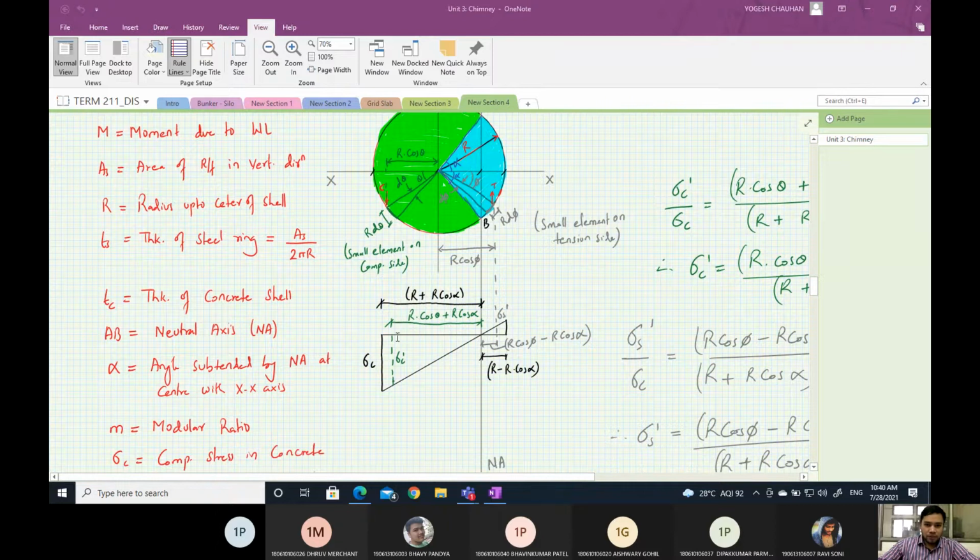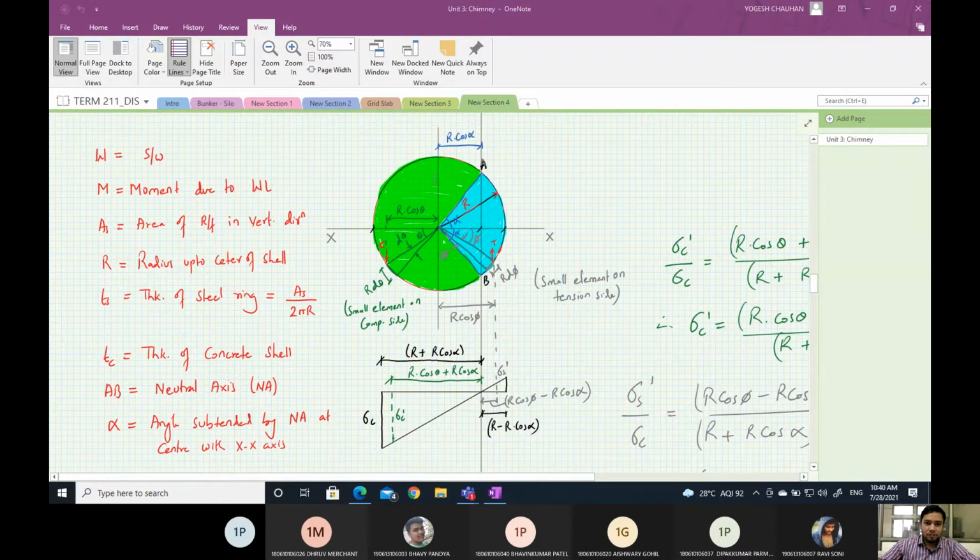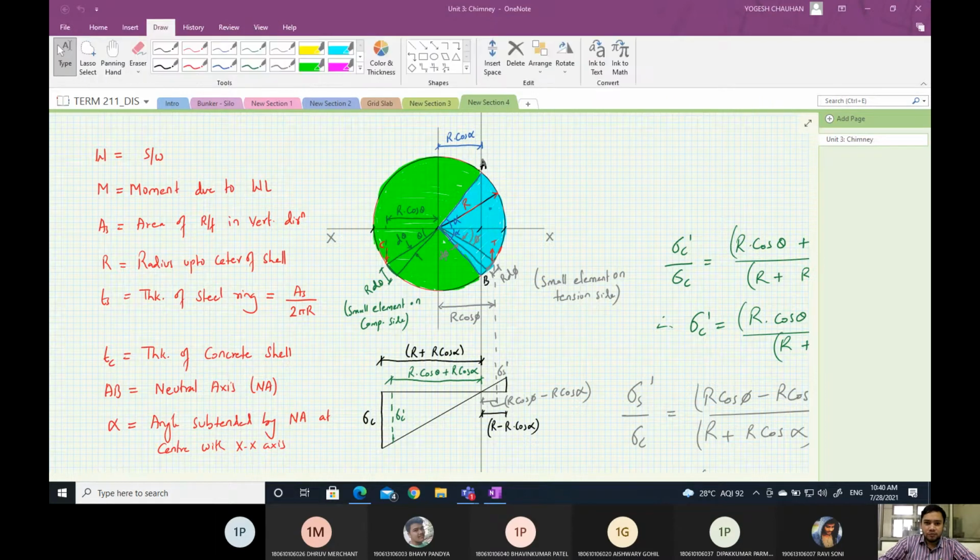So the distance of the small element from the neutral axis will be r cos theta plus r cos alpha. So that will be the distance from the neutral axis. Similarly, the distance of the small element on the tension side will be r cos phi, and from that you have to deduct r cos alpha, so you will get this distance, that is r cos phi minus r cos alpha.